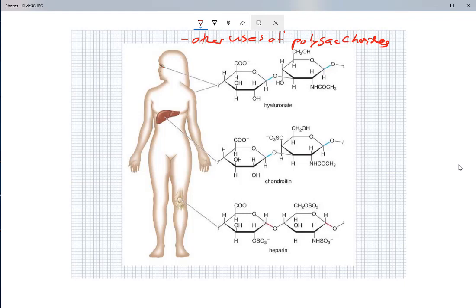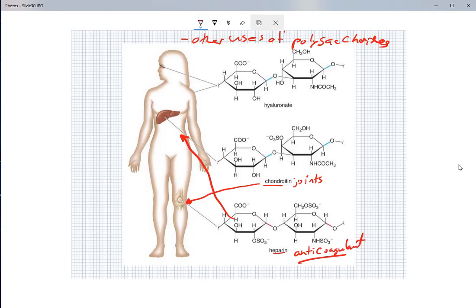These two, I don't know if they have the molecules mixed up or they just have the names mixed up, but chondroitin, you might be familiar with. Sometimes people will take that as a supplement for their joints. And heparin is an anticoagulant found in the liver.